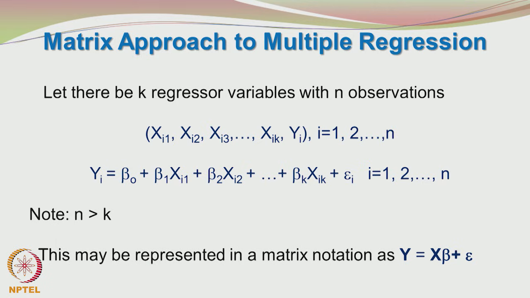So, if you have k plus 1 runs and k plus 1 parameters to estimate, then you have an exact problem in the sense that your model will fit the experimental data perfectly, because you are essentially solving an equation involving k plus 1 variables and k plus 1 unknowns.